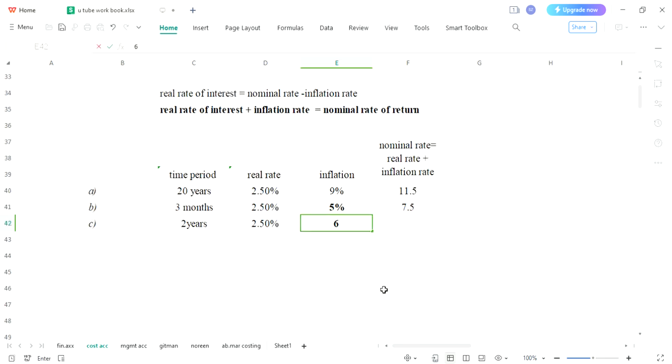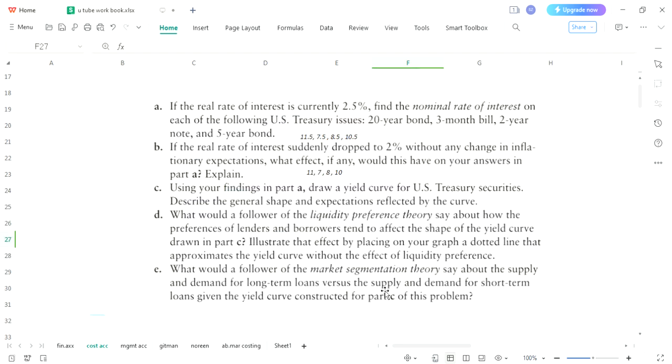Put 6% over here, and as usual we will be adding real rate and inflation. Real rate was 2.5 and you will add inflation rate 6. You have got your third answer 8.5, and that is shown over here.